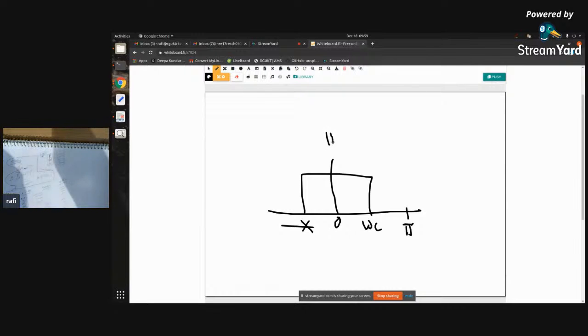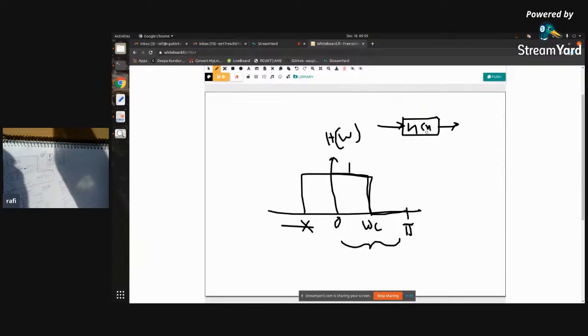This is H of omega, it is 1. What does it mean? H of omega varying from 0 to pi behaves like this. This is the representation of a low pass filter in the frequency domain, and its impulse response is h of n.